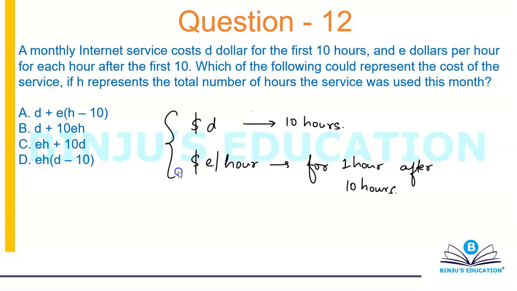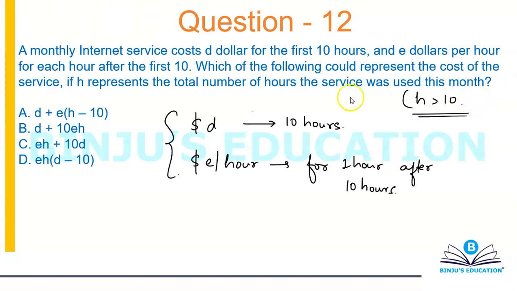Which of the following could represent the cost of the service if H represents the total number of hours the service was used this month? In this question there is one thing which is missing, and that is it should be given to us in the bracket that the value of H is greater than 10. Otherwise it may lead us to contradictory results.